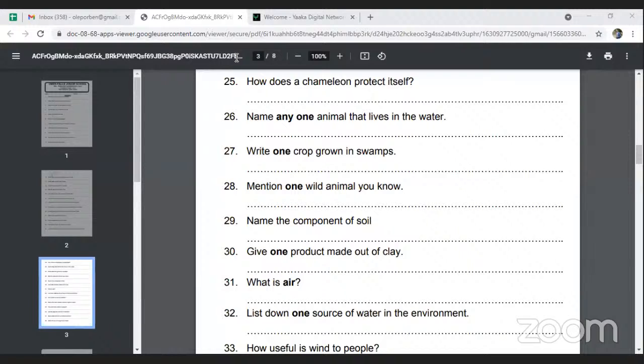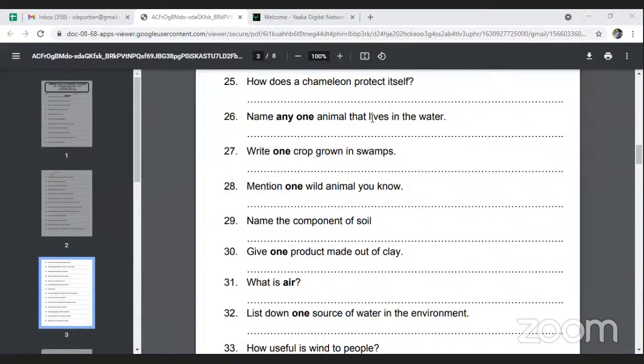Shemaya? Shadrach? Yes. Can you repeat the question, please? Okay. So we say that name any one animal that lives in water. You can see my screen. If you're not able to see my screen, you tell me. Okay, fish.